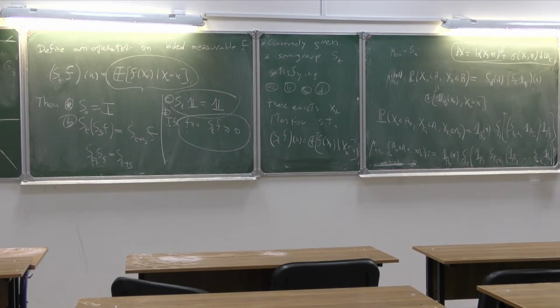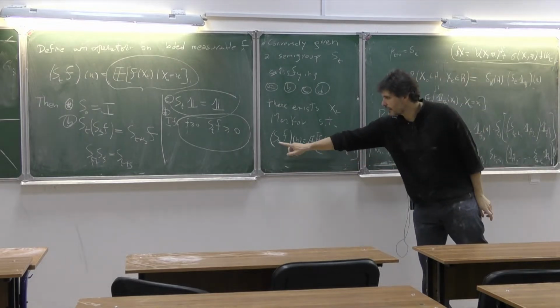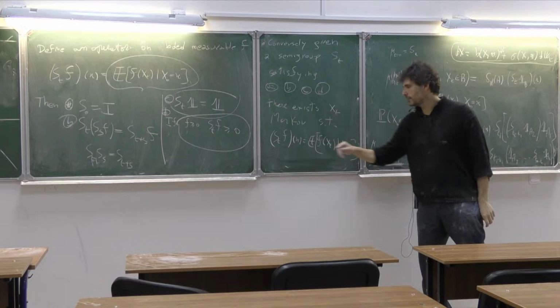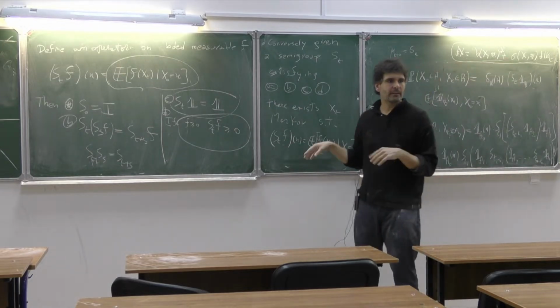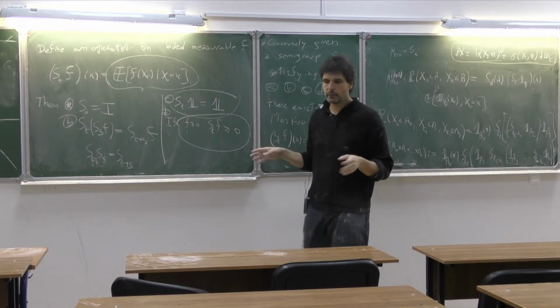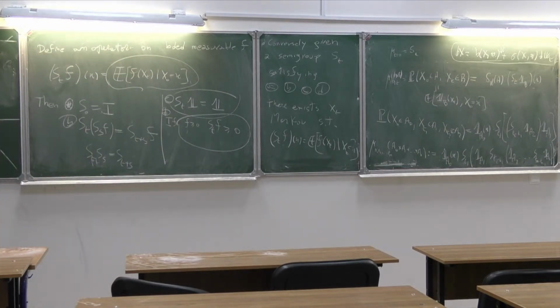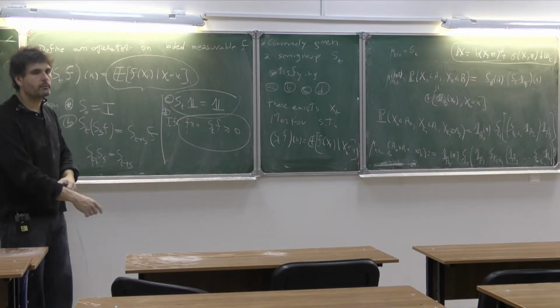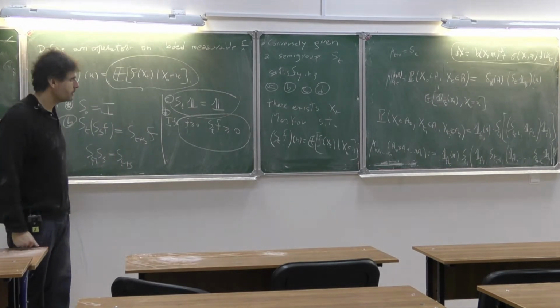Knowing this semigroup, this is like the solution of the PDE, is the same as knowing the law of the Markov process. I can give the generator. There are many different ways to assign a Markov process: resolvents, generators, semigroups, probability measures, martingales. They're all more or less equivalent.